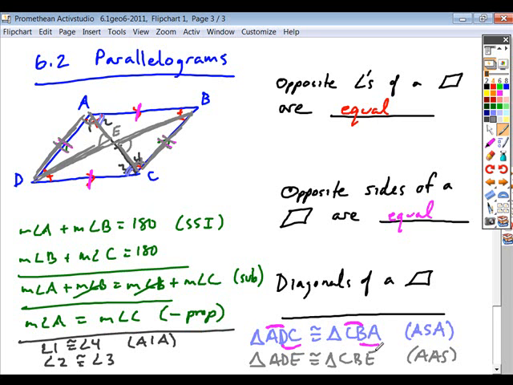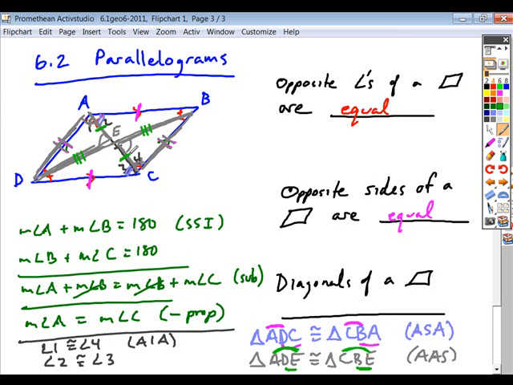Okay, and so by AAS, we can state that those two triangles are congruent. And so when we're looking at these diagonals, BE is equal to DE, so these two sides are equal. And we see that AE is equal to CE.